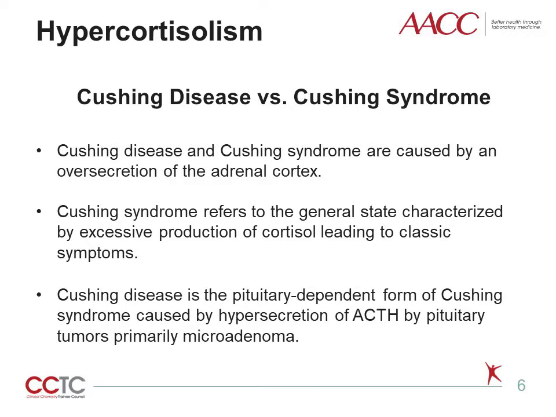Cushing disease is specifically meant for the pituitary-dependent form of Cushing syndrome caused by oversecretion of ACTH by pituitary tumors, primarily by microadenoma.